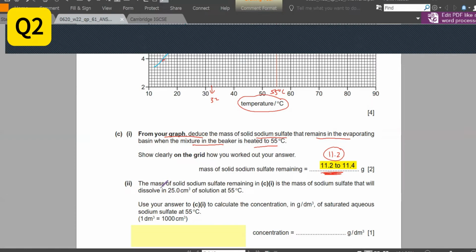Next question. The mass of sodium sulfate remaining in C1 is the mass of sodium sulfate that dissolved in 25 cm cube of solution at 55 degrees Celsius. Use your answer in C1 to calculate the concentration in gram per dm cube of saturated aqueous sodium sulfate at 55 degrees Celsius.